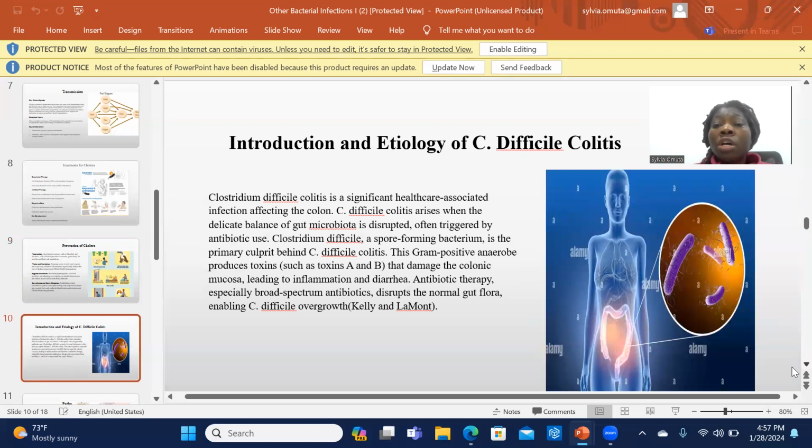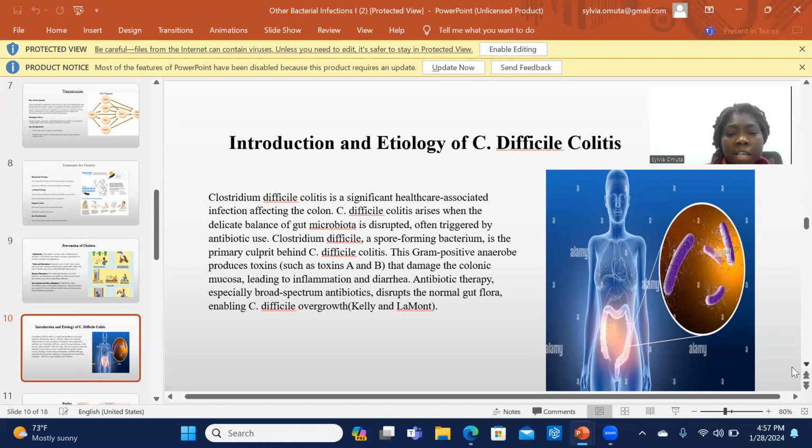Introduction and etiology of C. difficile colitis. C. difficile colitis is a significant healthcare-associated infection affecting the colon. It arises when the delicate balance of gut microbiota is disrupted, often triggered by antibiotic use.